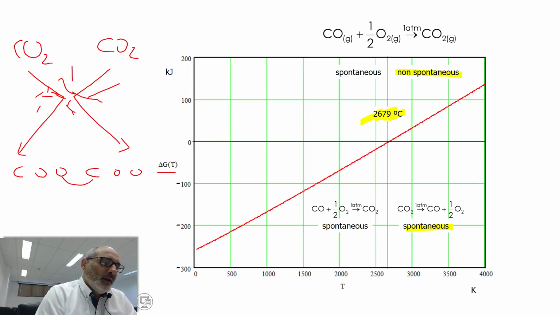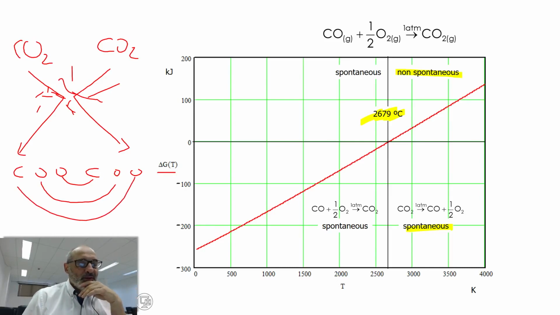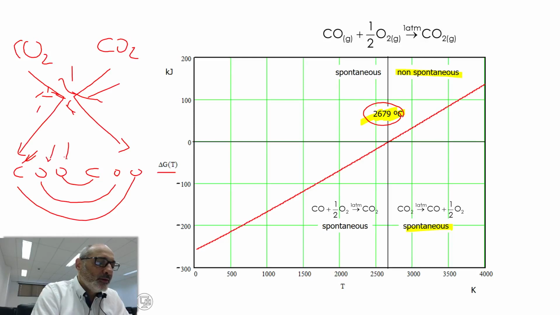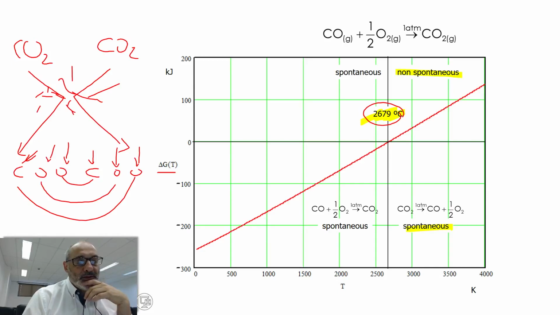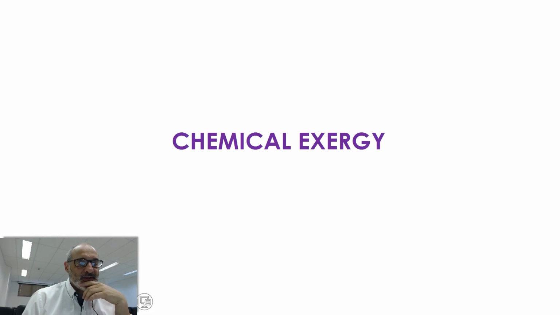This C may join this O, this C, this O, and so on, O2 and CO, okay? So this can happen at very high temperatures, and the reason is you have to have enough kinetic energy in order to disassemble the molecule in its constituents, okay? So this is why the process is spontaneous in the opposite sense.